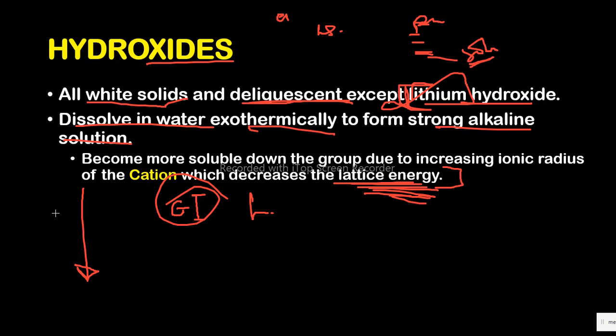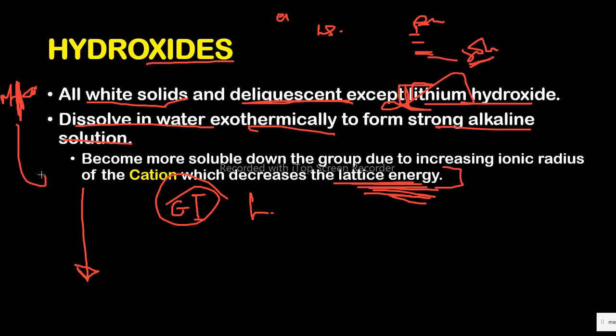Why down the group? Because down the group, the atomic radii increase, so their sizes increase. If the sizes increase, the ionic bond joining the OH and the metal is weak, so you can easily break that bond.